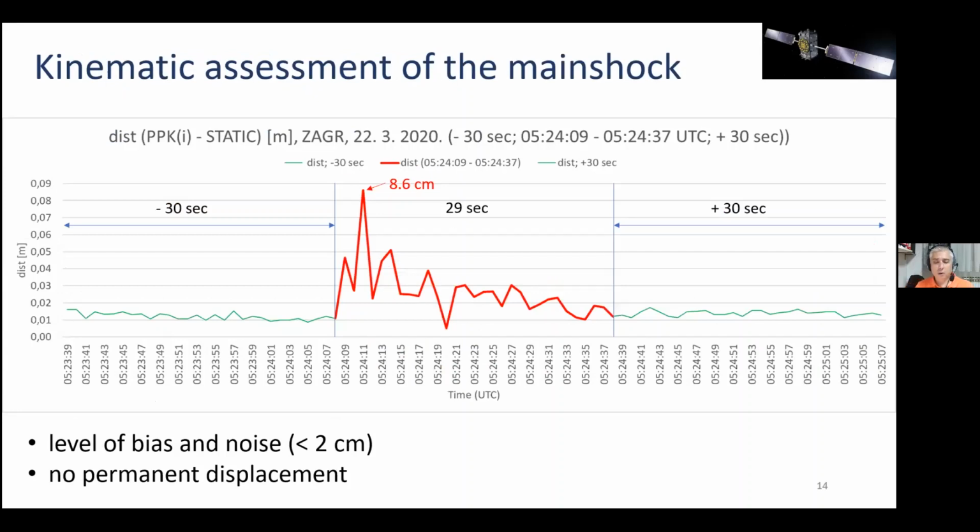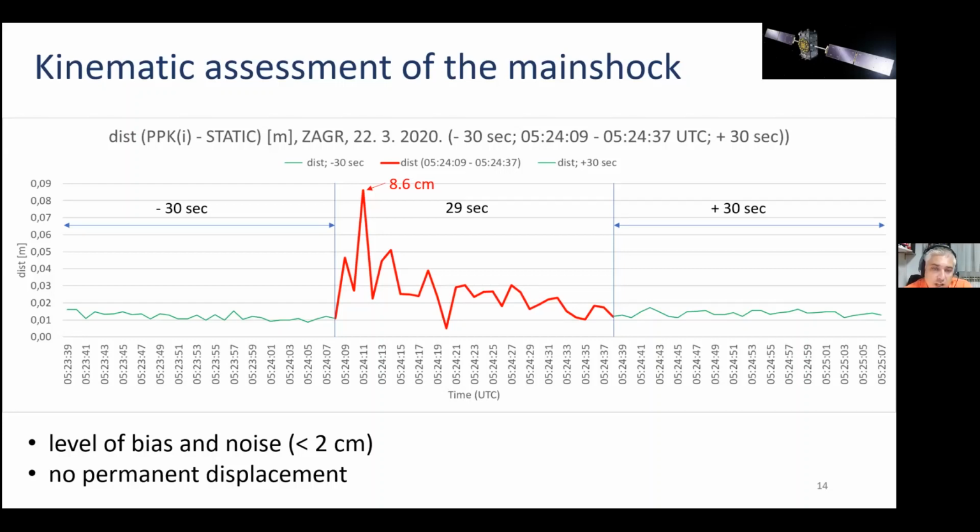So if we go into details, if we want to assess that spike, what happened there? We just have taken 1.5 minutes of data, 30 seconds before and 30 seconds after those data which were affected by the earthquake.